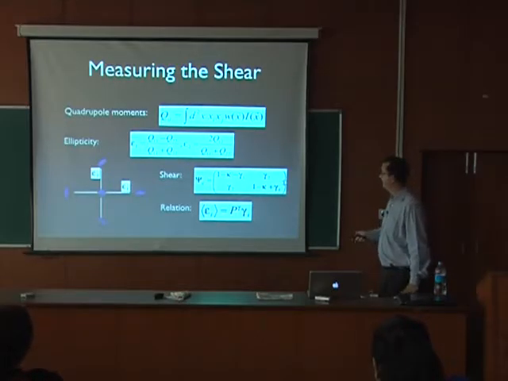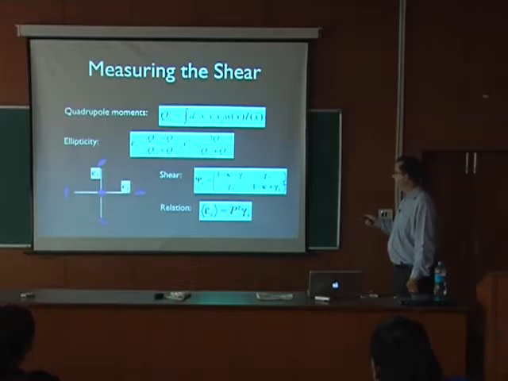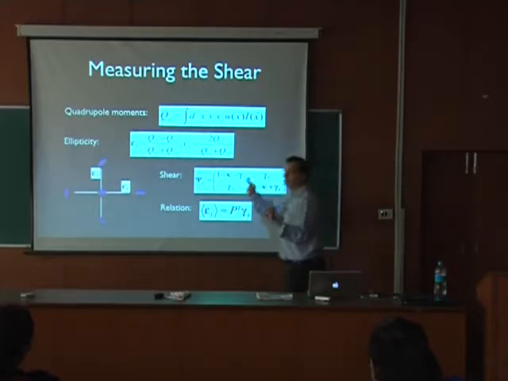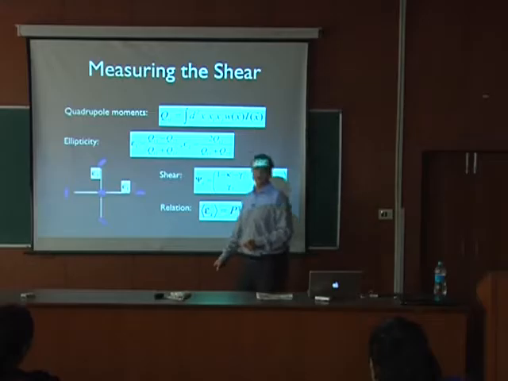Then, you can show, it's not that hard, what happens if you take the average ellipticity of these galaxies to which the same shear was applied. If there's no shear applied, you get 0 because the galaxies are randomly oriented. So on average, they don't have a special direction. So the average ellipticity is 0.